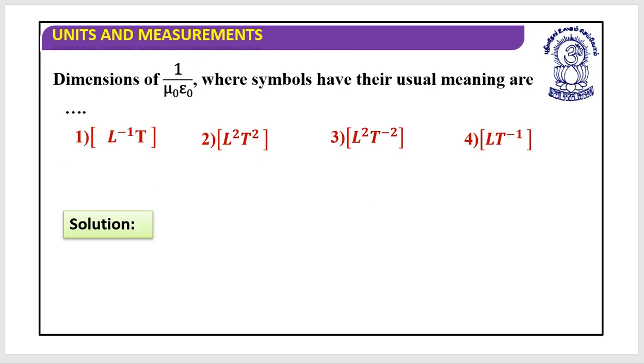Now, dimensions of 1 by mu naught into epsilon naught, where symbols have their usual meanings. Now look at this. If you have gone through your study material, then in previous year asked questions, you find so many symbols that you don't know at this stage.